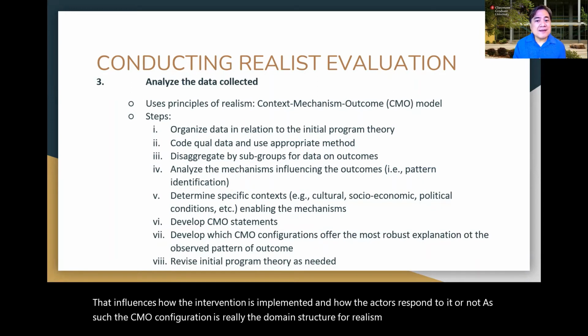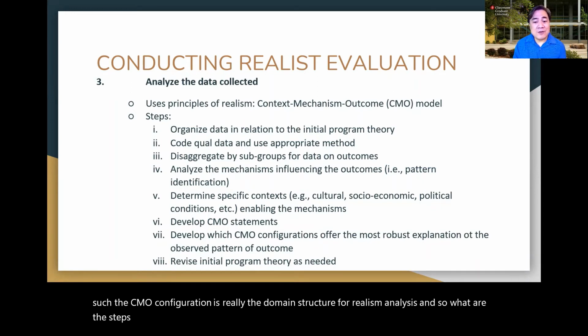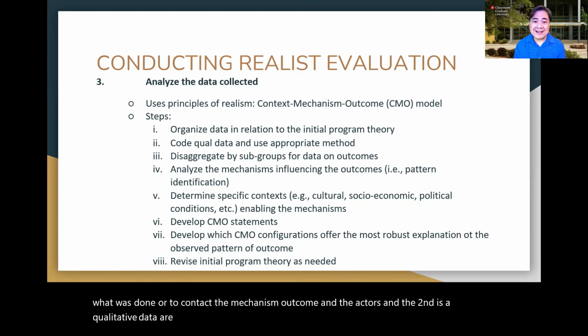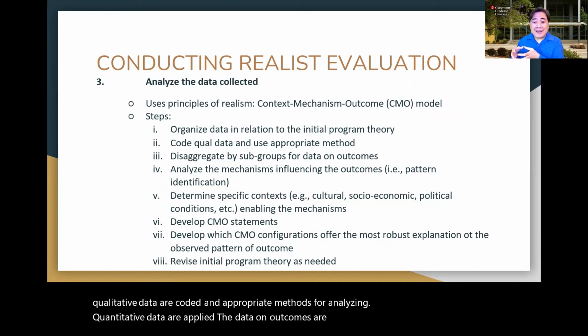And so what are the steps involved in realist evaluation data analysis? First is to organize the data to relate to what was done, or to context, the mechanism, outcome, and the actors. The second is that qualitative data are coded and then appropriate methods for analyzing quantitative data are applied. The data on outcomes are then disaggregated by subgroups.